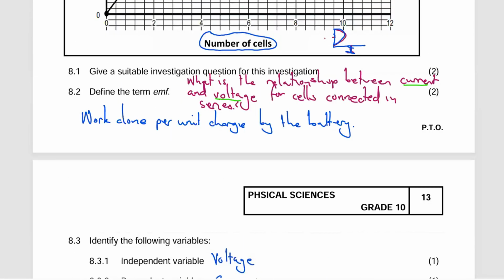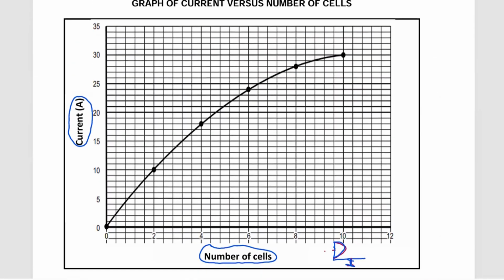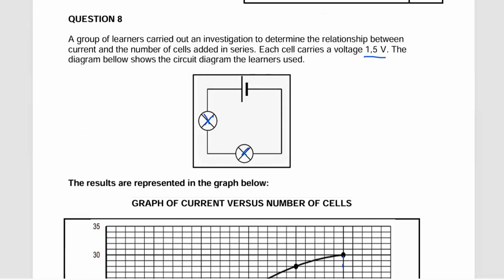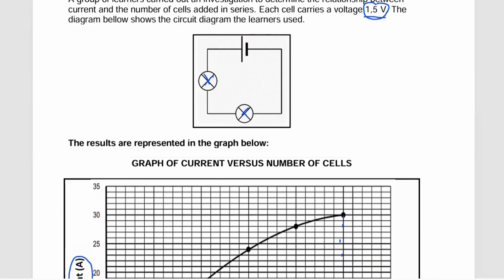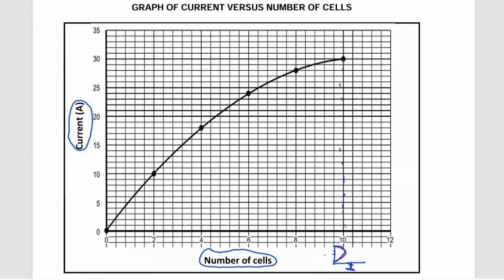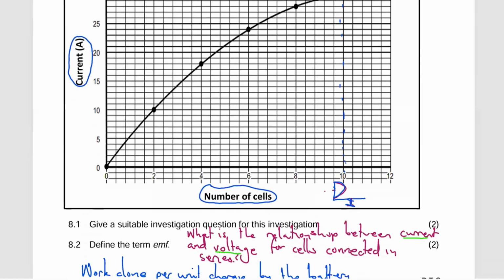We're having 30 amps there, and then here we're having a value of 10. It means we're having a 25 and a 10. Then other information we have is 1.5, so each cell is equivalent to 1.5 volts, and we're having a total number of cells of 10.